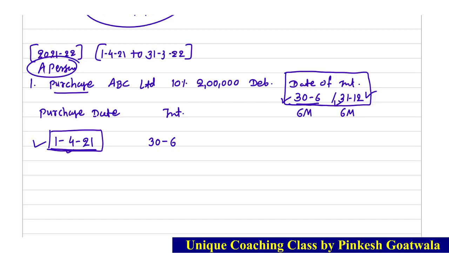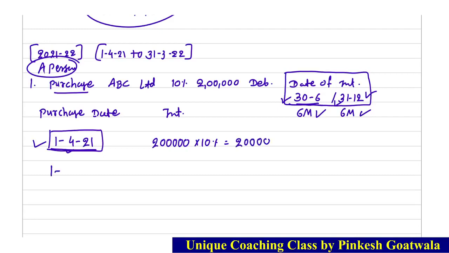It means he will get this 6 months and also this 6 months, so he will get full year interest: 10% of 2 lakh, which is 20,000. Full year, because he had the debenture on both dates.